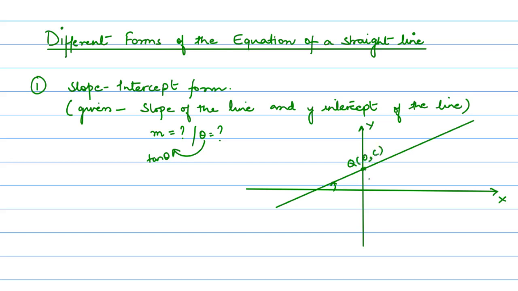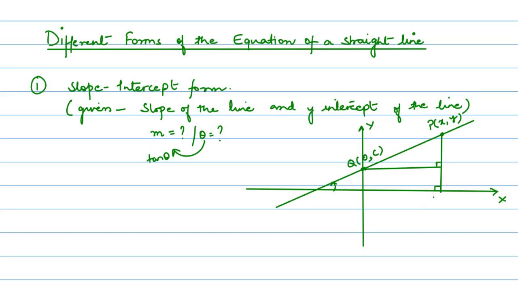Now we take an arbitrary point on our line. The line consists of infinitely many points. One such point is, let's say, (x, y), call it P. Now we draw perpendiculars from this point P on the x-axis and from this point Q on this line.